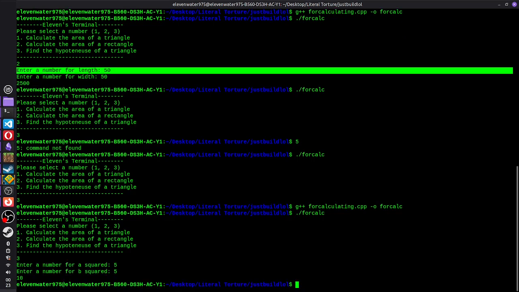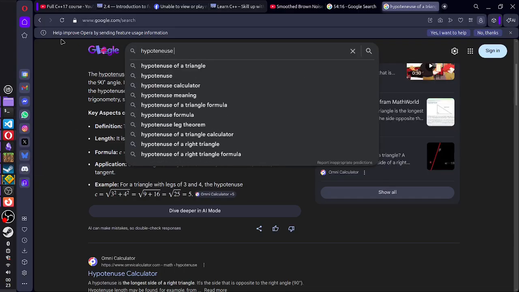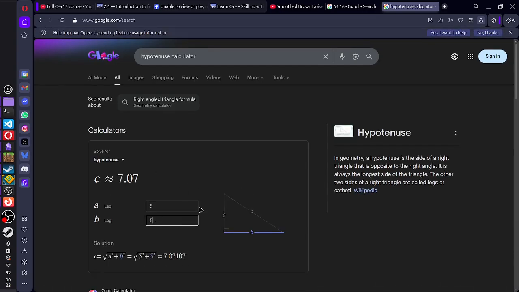5, 5, 5 plus 5 squared. 5 squared, that's 25 plus 25, that's 50. Square root of 50. Wait, what is that? No, 5 times 5 is 25, that's 50. Are they right about that? Hypotenuse calculator.